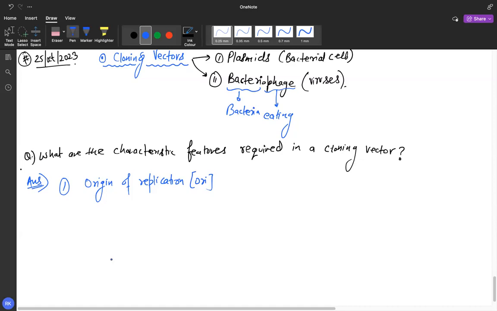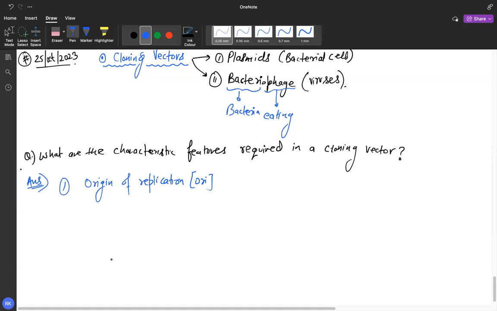And any piece of DNA or any DNA fragment which is linked to this sequence can be made to replicate within the host cell. So that's the definition of origin of replication sequence.